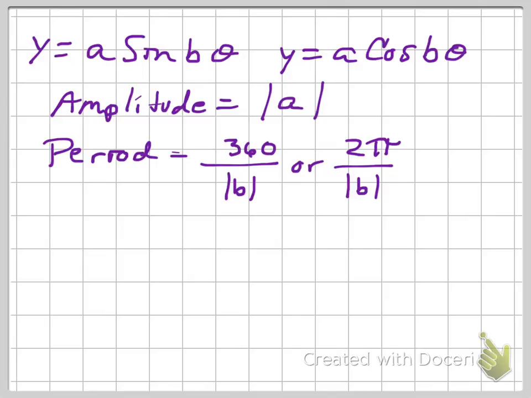And both of those were 1 in the examples we did. The period of a trigonometric graph, for sine and cosine anyway, is 360 divided by b, absolute value b. It has to be positive as well because it's kind of a distance as well. The length from here to there.